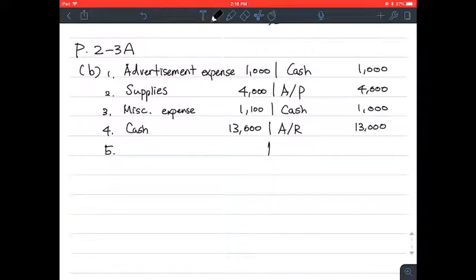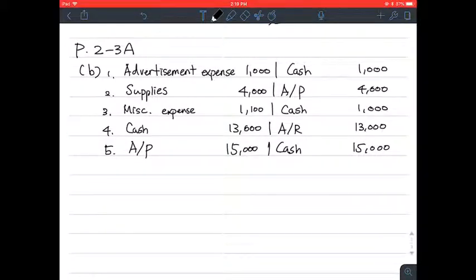So basically, it's saying that you purchased something before, but you haven't paid it yet. But now you're going to pay it. So you're going to have to delete account payable by debiting it, and you're going to pay cash $15,000.